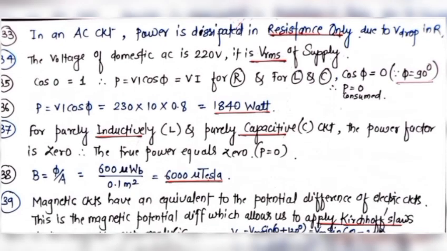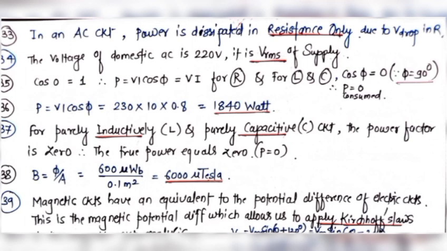In an AC circuit, power is dissipated in resistance only due to voltage drop in resistance. The voltage of domestic AC is 220 volt. It is the RMS voltage of supply. Cos 0 is equal to 1. Therefore, power is VI cos phi, that is equal to VI for resistive load.